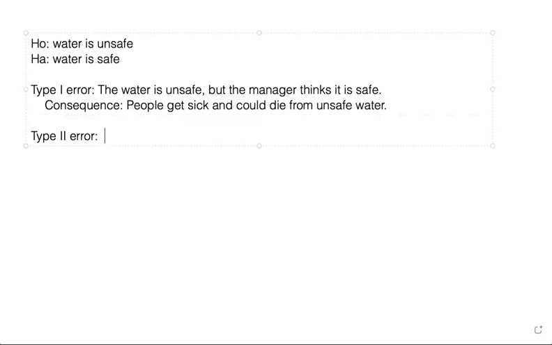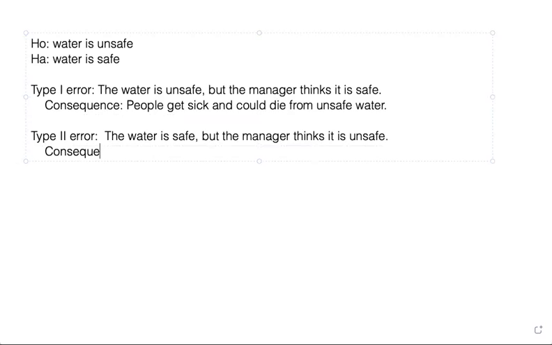Okay, let's go to type 2 error. Going over to Nathan. What do you think about type 2 error? I put the water is safe to drink, but the manager thinks it's unsafe. Good. And then what was the consequence of that, Nathan? People don't drink the water.